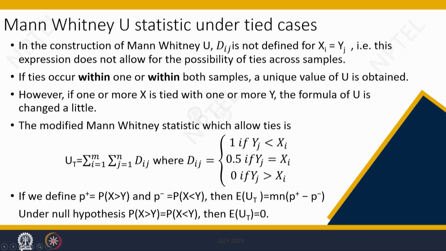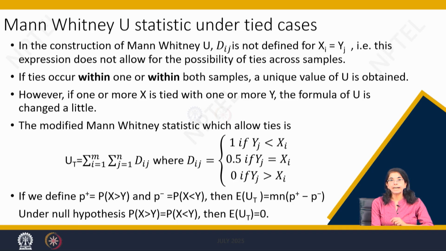If ties occur within one or within both samples, there will be no problem, you will always have a unique value of U. However, if one or more X is tied with one or more Y, the formula of U has to be changed a little, right?